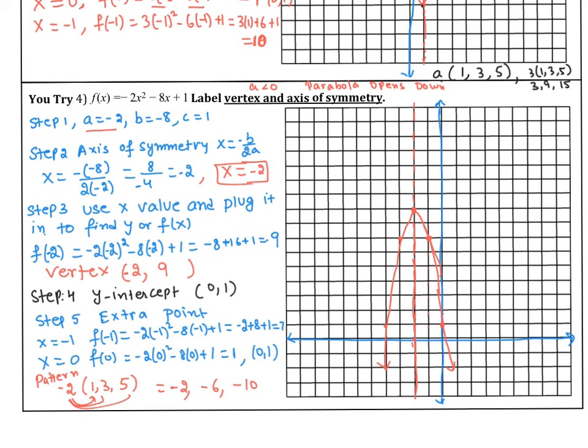So from the vertex, you're going to go down 2, down 6, and down 10. So that's the pattern if you have -2 for a, and 1 comma 3 comma 5 is the pattern for just the parent graph.